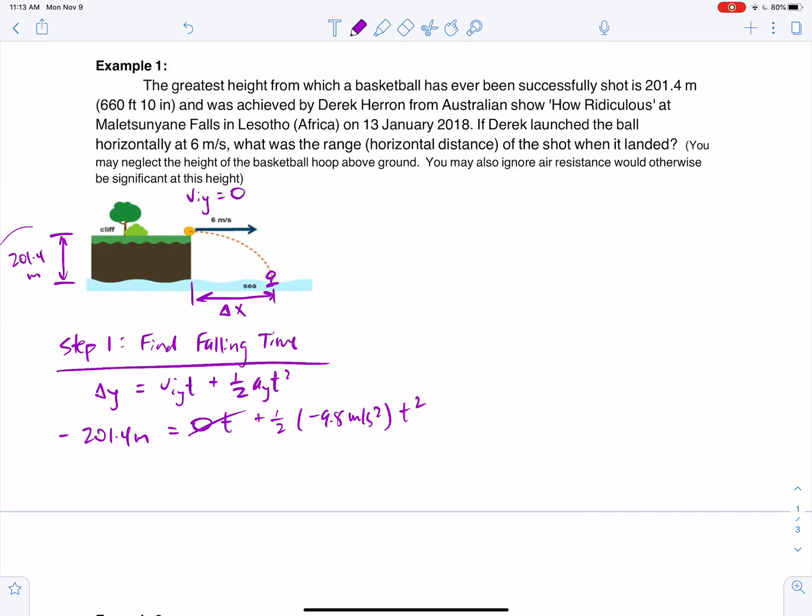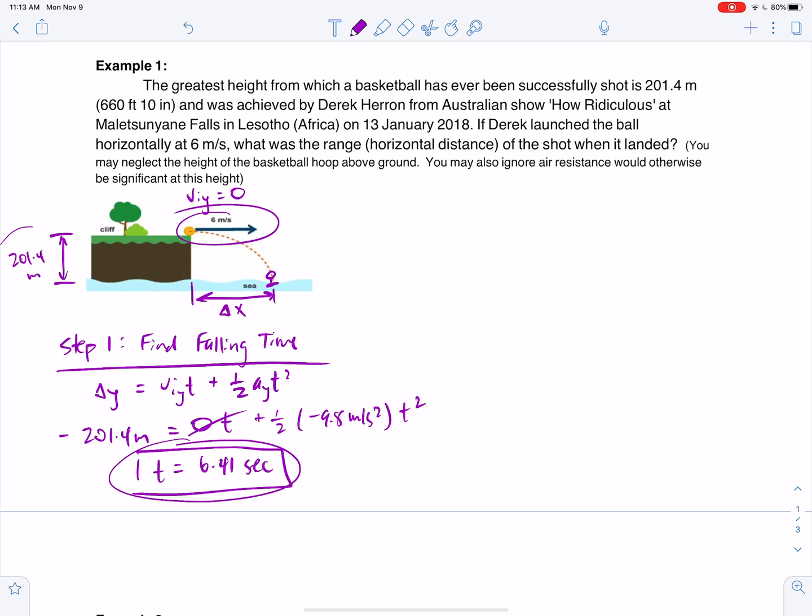I'm going to divide both sides by that, take the square root, and the falling time is 6.41 seconds. That's how long it takes the ball to just fall from that height and hit the ground. Now I can take that time and figure out, okay, it's going to travel at 6 meters per second for 6.41 seconds.